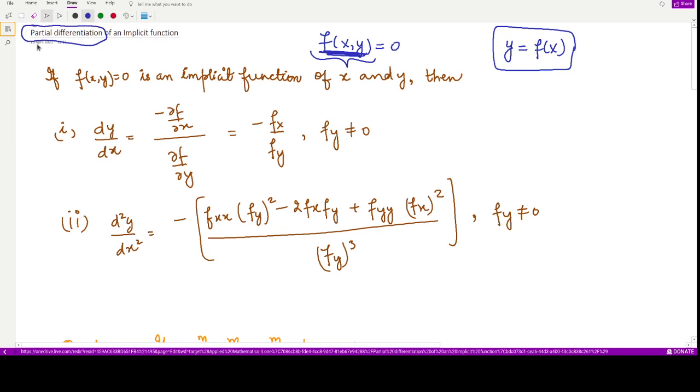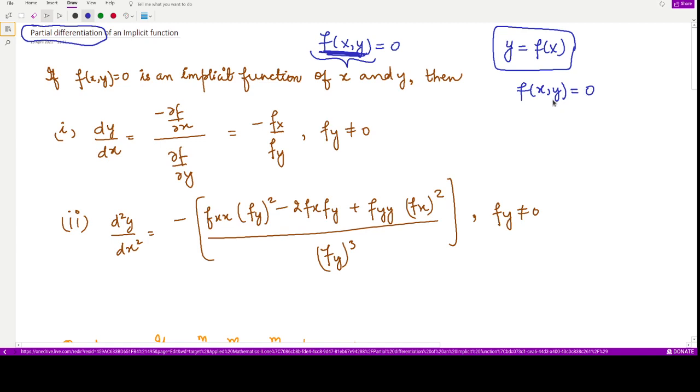For that we have this formula for the first derivative, which states that firstly you take the derivative of the given function with respect to x and then divide that by the differentiation partially with respect to y. Suppose your function f(x, y) is given to you.